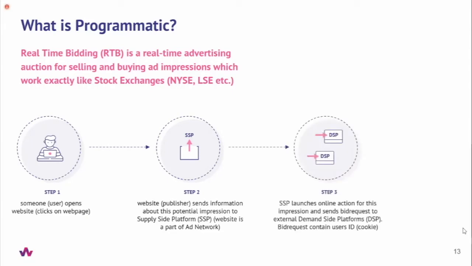When the SSP gets this information, it launches a real-time advertising auction, which works exactly like auctions on stock exchanges, like the New York Stock Exchange or the London Stock Exchange. So the SSP informs external platforms that it can sell a potential advertising impression for, for example, 20 cents.